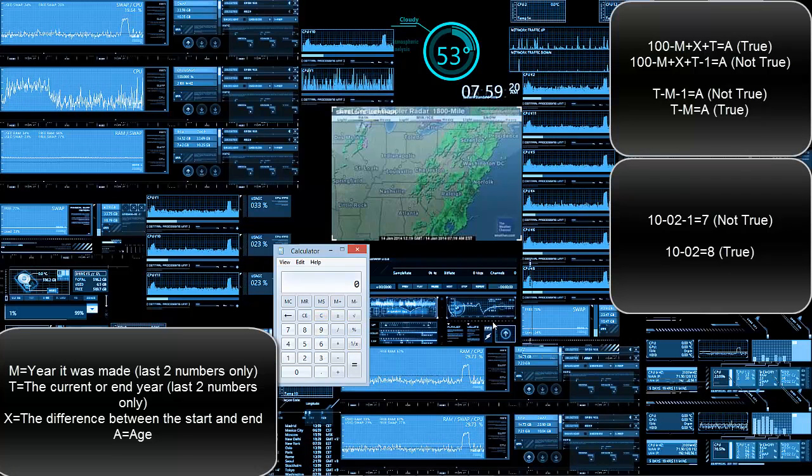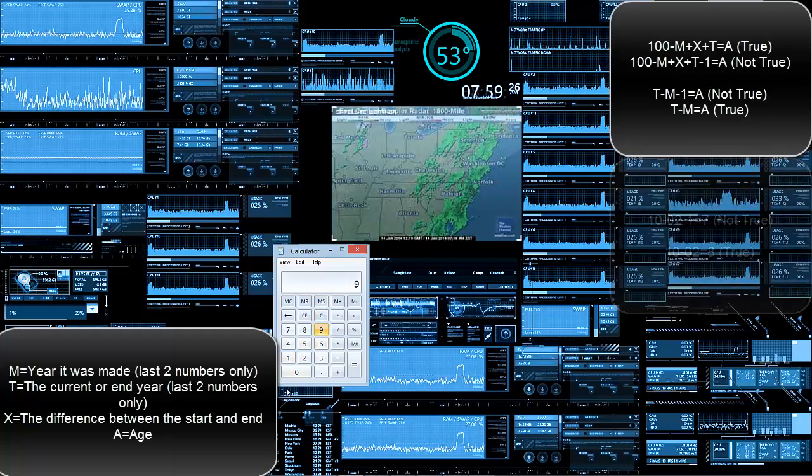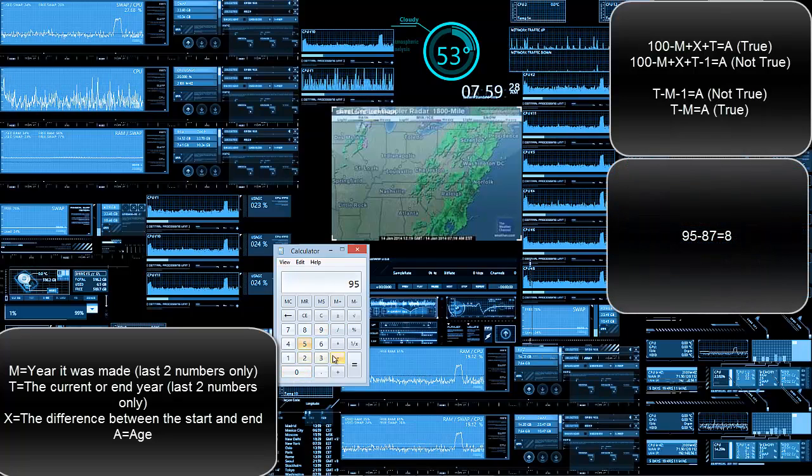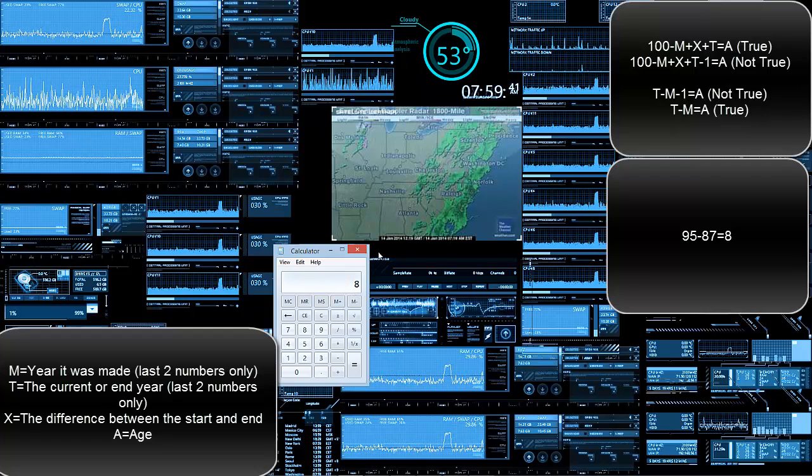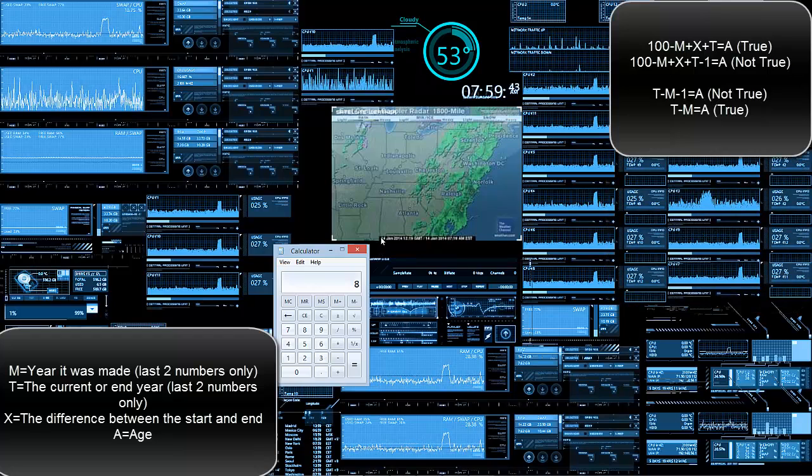So this applies. Let's say I want to know how old I was in the 90s, say 95, just picking a round date, minus 87. That's how old I was. Amazingly enough, I really wasn't trying to aim for that. But that's an easy way to figure it out.